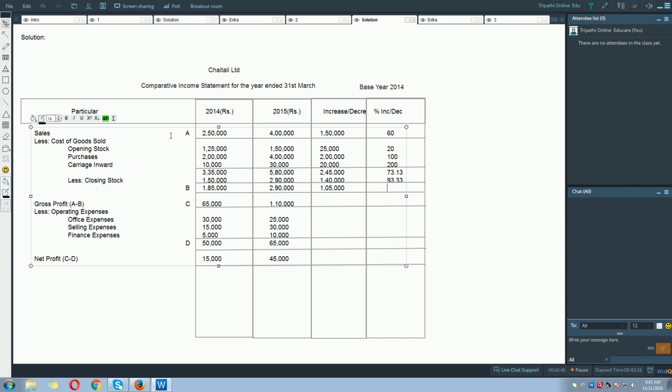Closing stock 290 minus 150, so there is an increase of 1,40,000. 140 into 100 divided by 150, 93.33%.